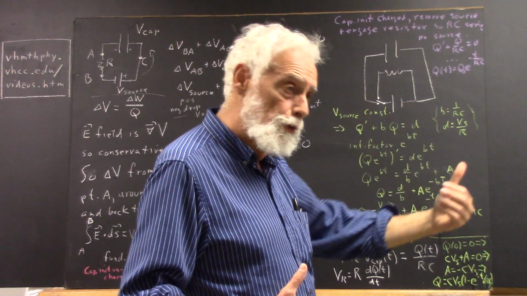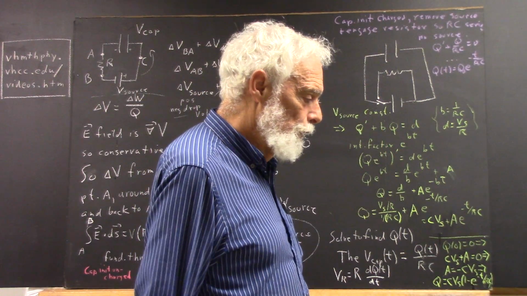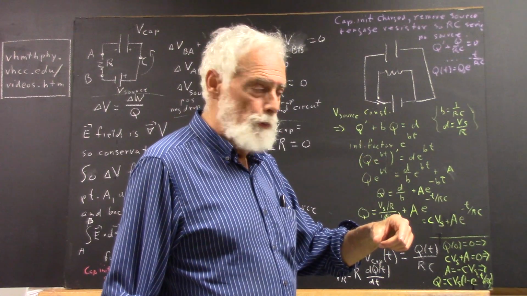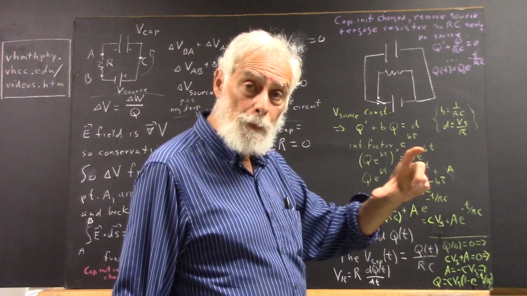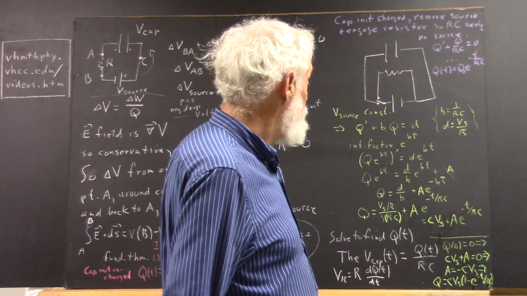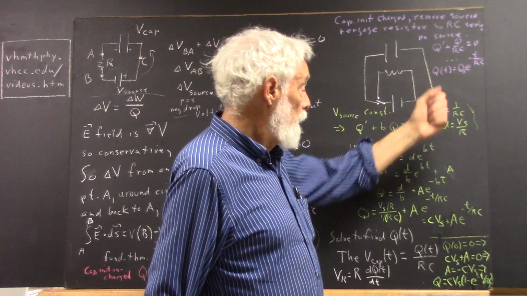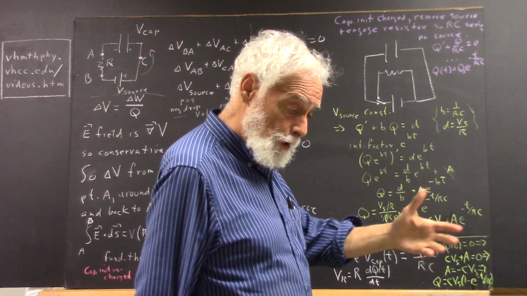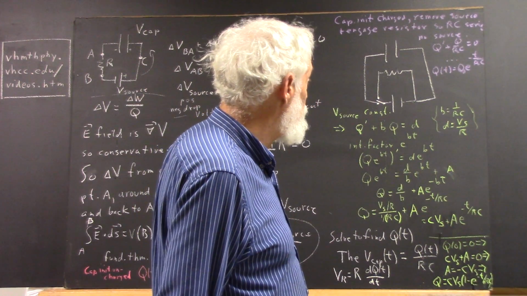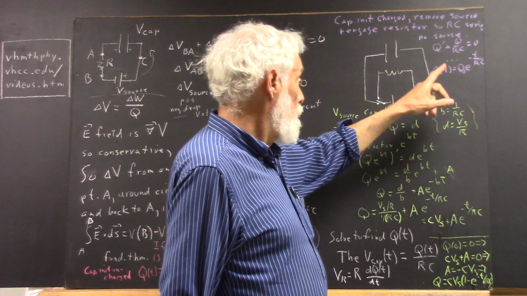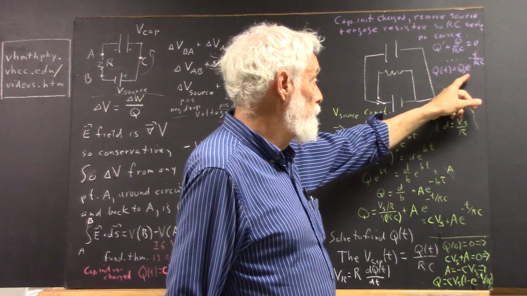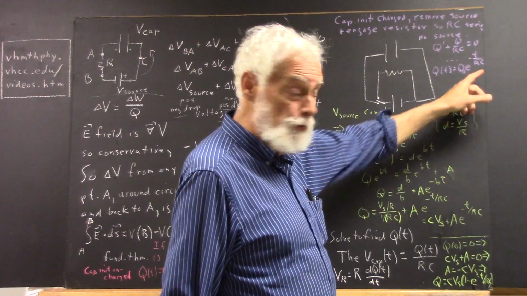Your amount is decreasing, but still in a manner that's proportional to how much charge you have. So you expect to get an exponential decay in the charge. And that's exactly what the differential equation gives you. You get Q of t equals Q sub 0 e to the negative t over RC.